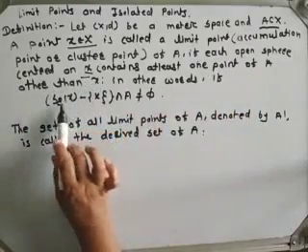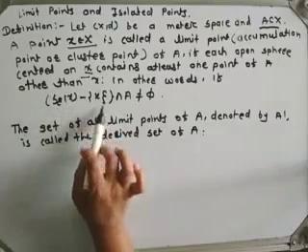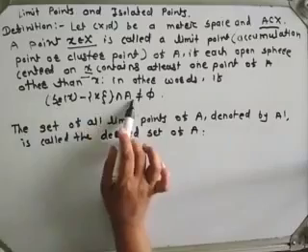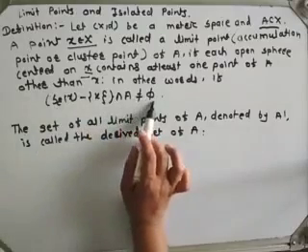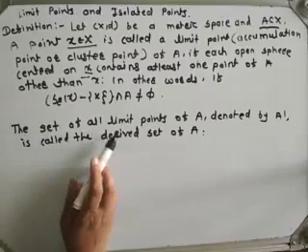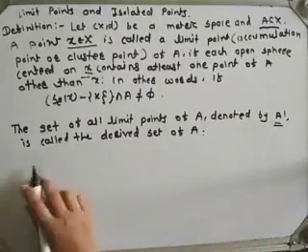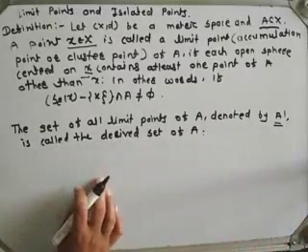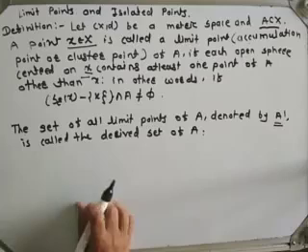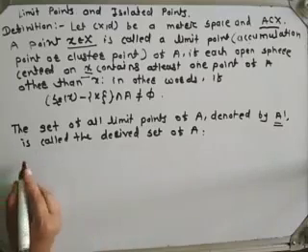That is, S_r(x) minus {x} intersection A is not equal to phi. The set of all limit points of A is denoted by A dash and it is called the derived set of A. Let us see some examples on limit points.